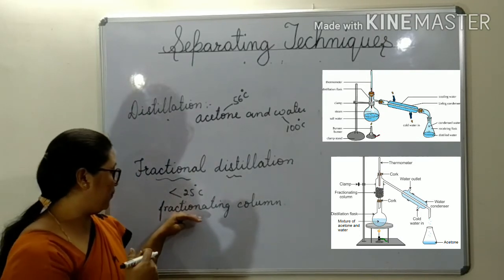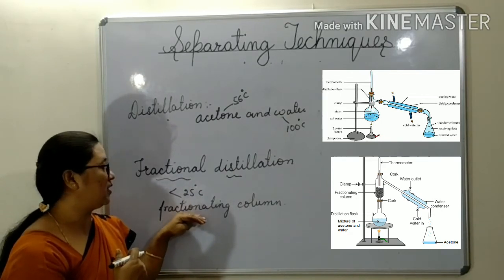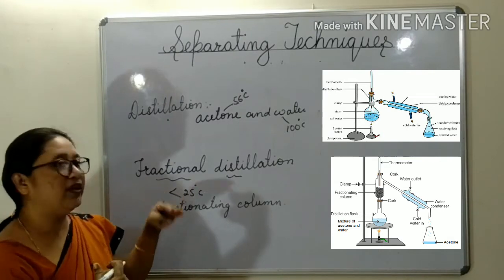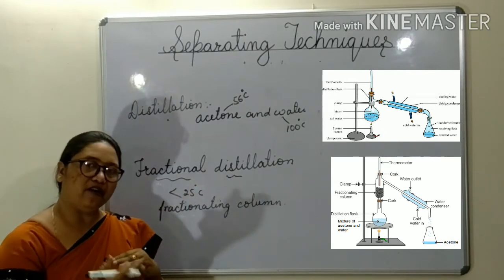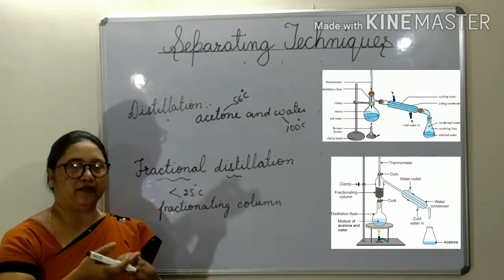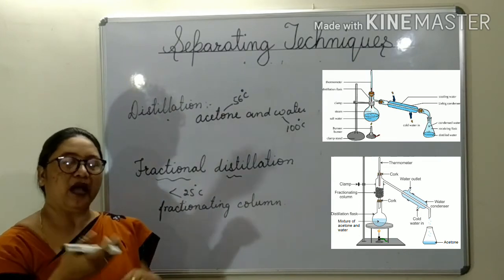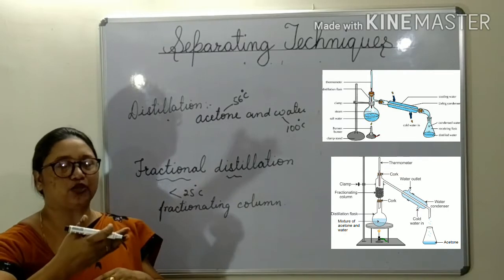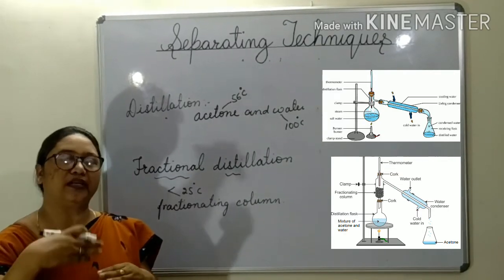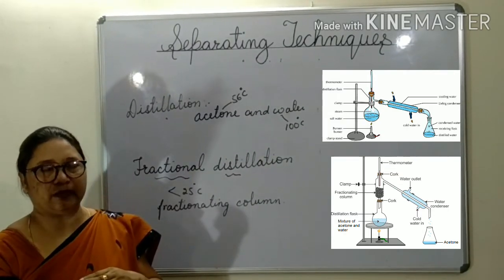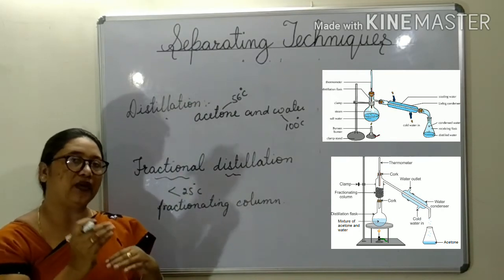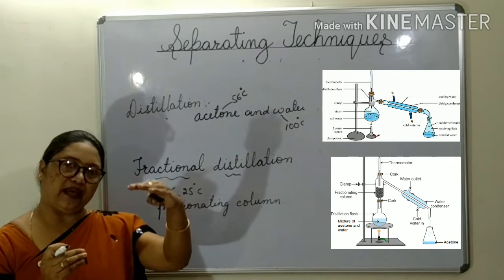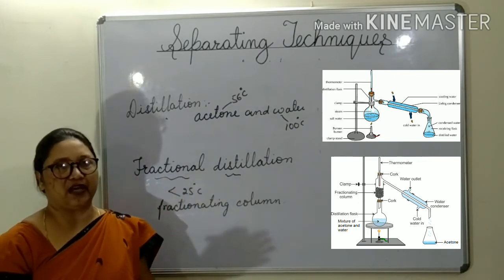Actually, the function of this fractionating column is that the liquid which has a low boiling point first starts converting into vapor, and it passes through the distillation flask to the condenser, whereas the liquid which has a high boiling point will condense and stay in the distillation flask only.